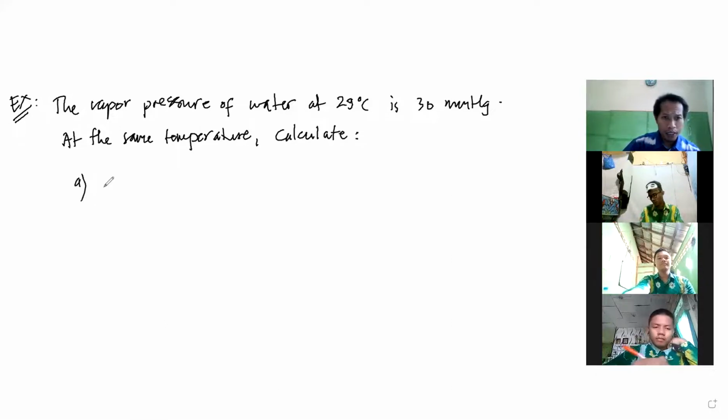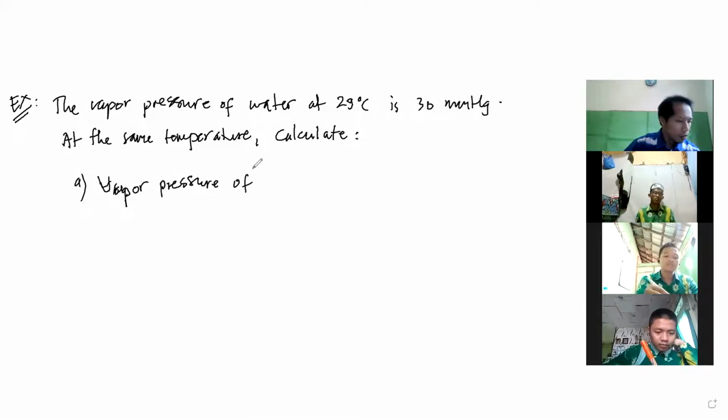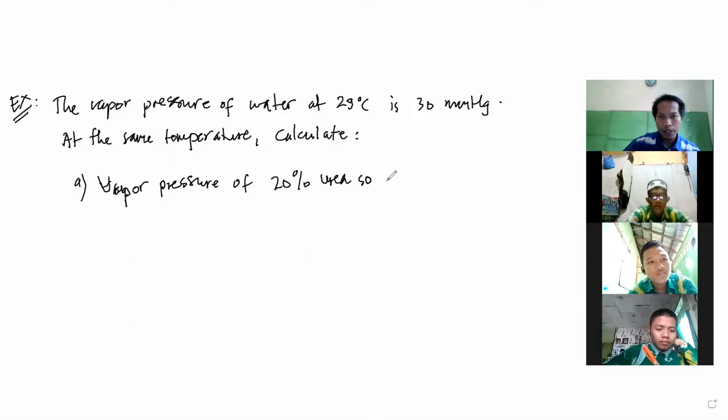Part A: calculate the vapor pressure of a 20% urea solution by mass, given that Mr of urea is 60. This is the first question.